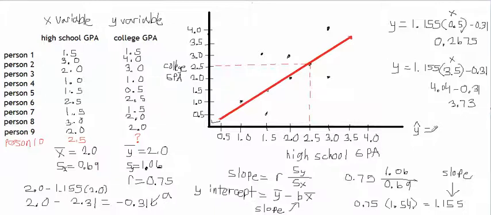And it equals the slope, which is B, times X, which is the person's high school GPA, which we actually know, minus the y-intercept of A. What this is called is a regression equation. It's used for making these predictions.